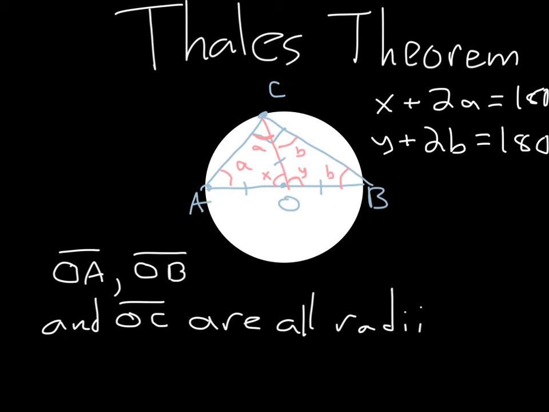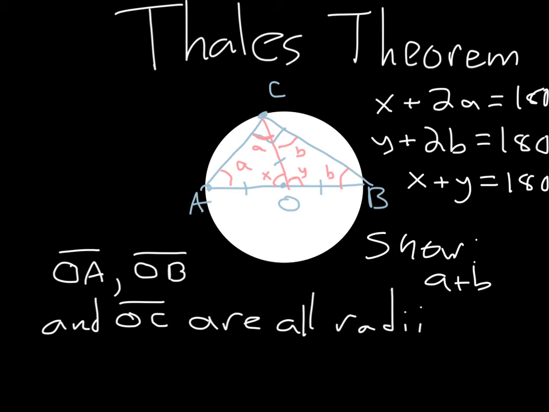And the other thing that I know is that the angles X and Y are supplementary. So I know that X plus Y equals 180. So they are my three equations. I'm going to use those to show that A plus B is 90.